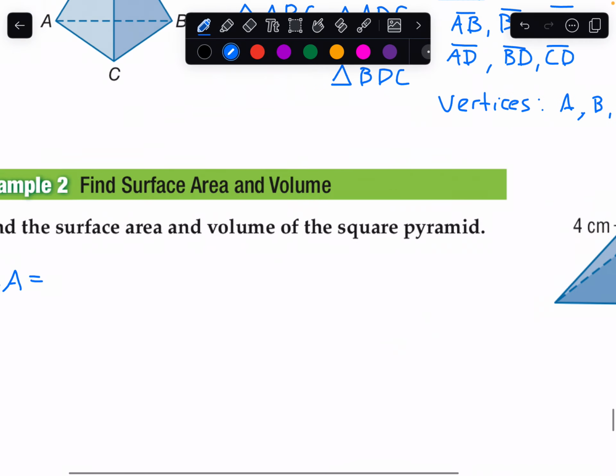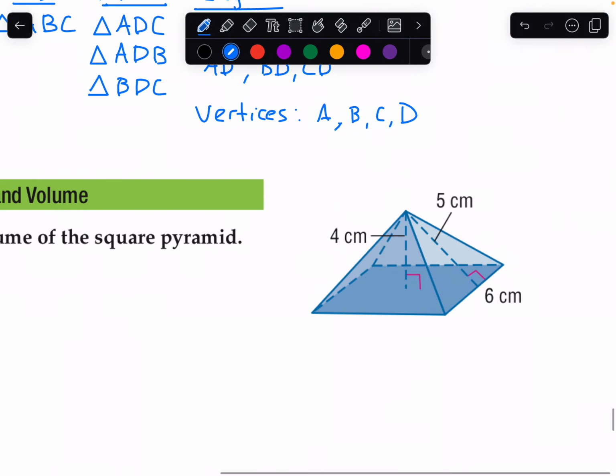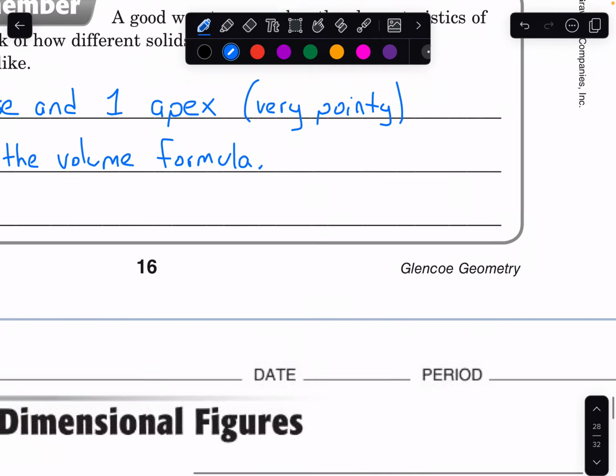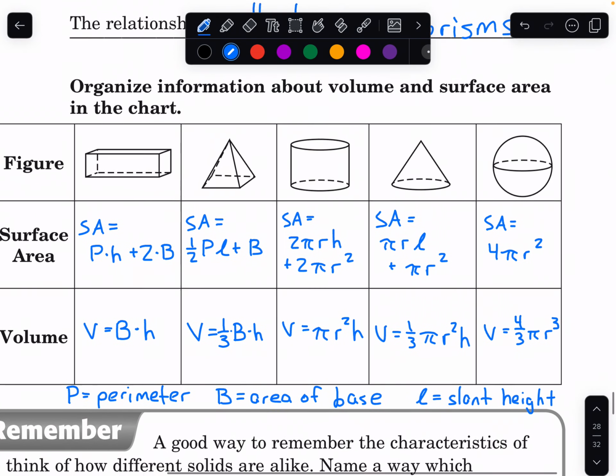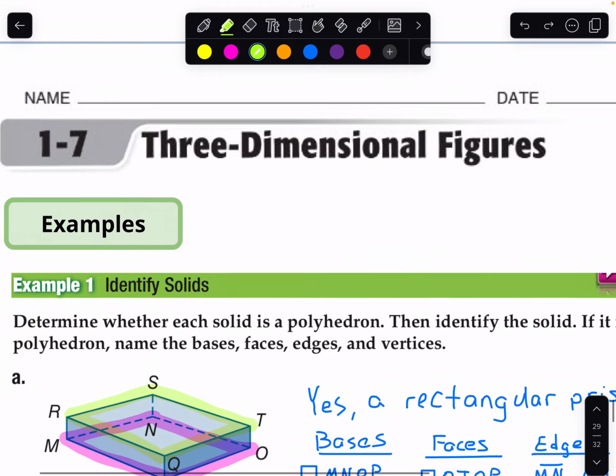We have the area of the base itself plus the lateral surface area, which will be, I think it was something about the perimeter times the slant height. You know what? I have my notes here. Let's just check. Yes, right here. 1/2 perimeter times slant height plus area of the base.